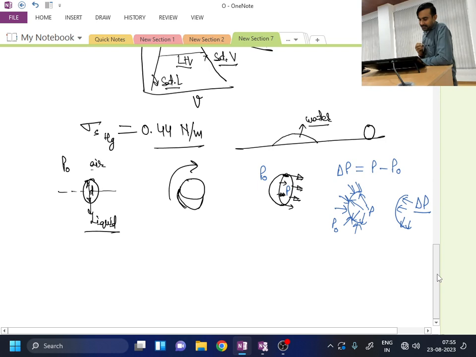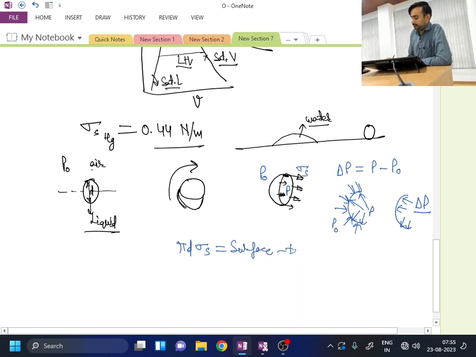So now if you see, say D is the diameter of the drop, what will be its circumference? What will be the circumference of the drop? Circumference of the drop will be pi into D. Pi D, and sigma S is my surface tension coefficient. So pi D into sigma S is nothing but the surface tension force acting over here.